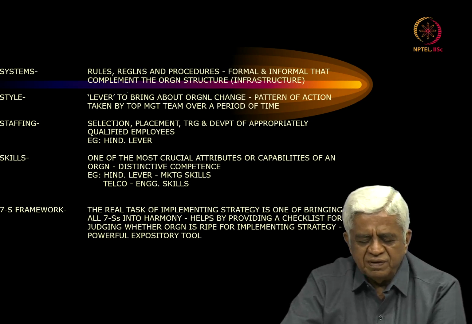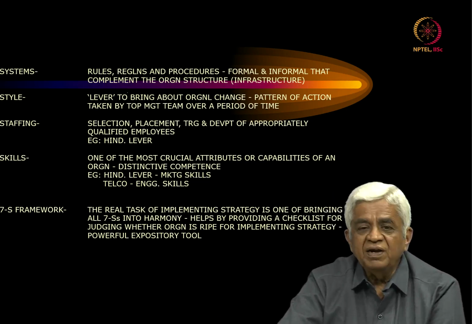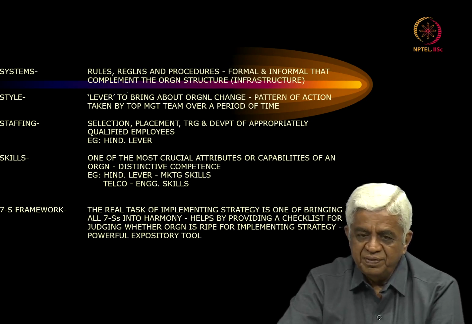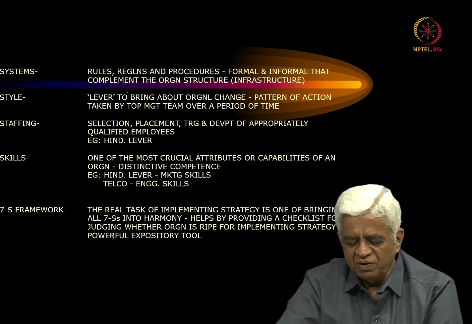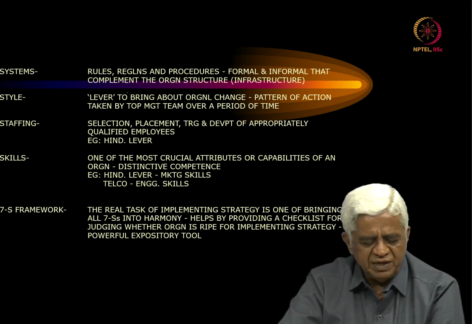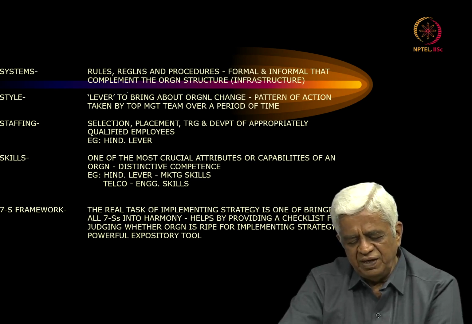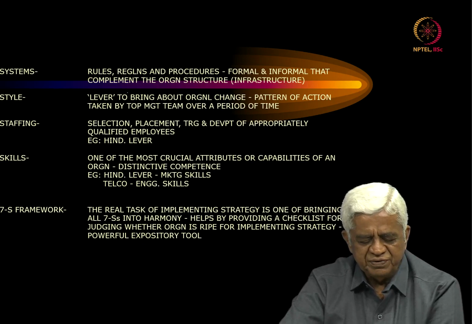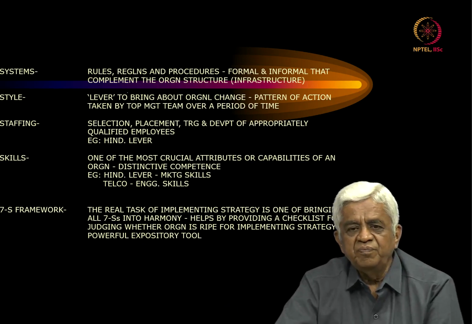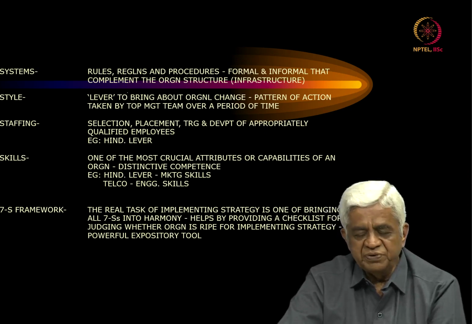The real task of implementing strategy is one of bringing all the 7 S's into harmony. It helps by providing a checklist for judging whether the organization is ripe for implementing strategy. So, according to the analysts, it is a powerful expository tool.